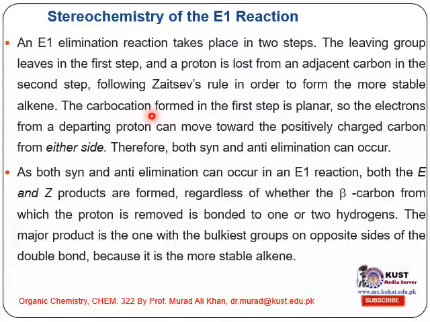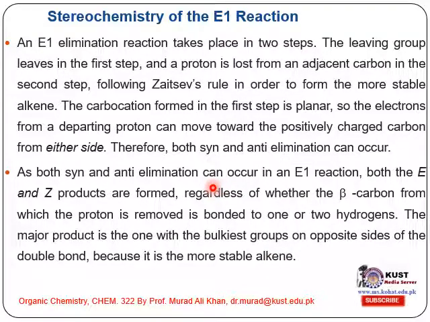It means the proton can be removed from either side with equal ease. As both syn and anti-elimination can occur in the E1 reaction, both the E and Z products are formed regardless of whether the beta carbon from which the proton is removed is bonded to one or two hydrogens. The major product is the one with the bulkiest groups on opposite sides of the double bond because it is more stable.